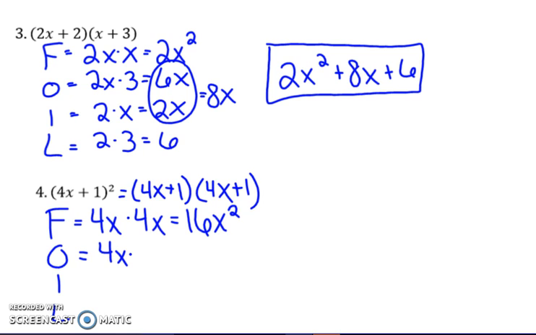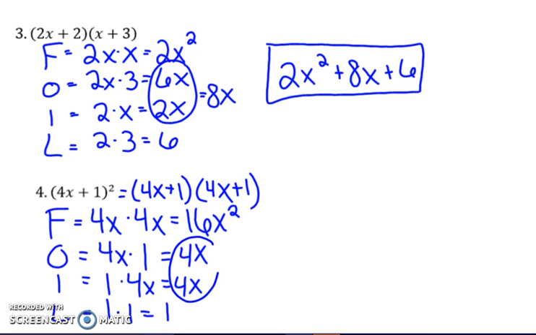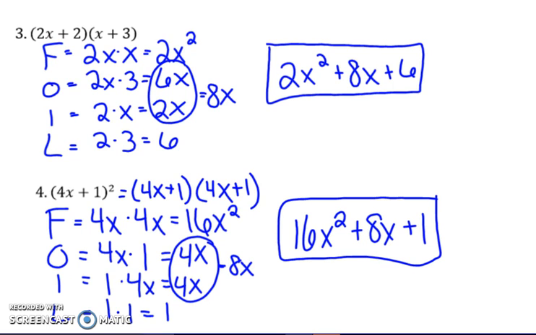My outside is 4x times 1, which is 4x. My inside is 1 times 4x, which gives me 4x. And my last is 1 times 1, which is 1. Combine my like terms, and I get 8x. So now my final answer, 16x squared plus 8x plus 1.